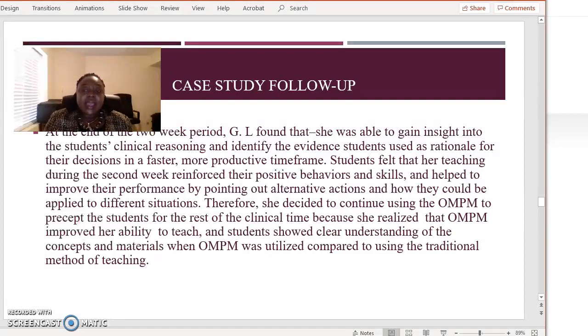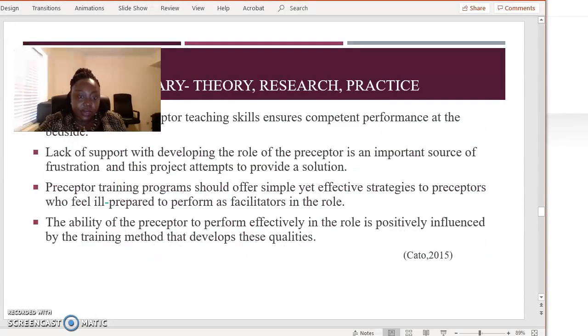Students felt that her teaching during the 2nd week reinforced their positive behavior skills and helped to improve their performance by pointing out alternative actions and how they could be applied in different situations. So at the end of the day, the preceptor decided to go on with the 1-minute preceptor method because it's able to give positive feedback and the teaching was more effective.